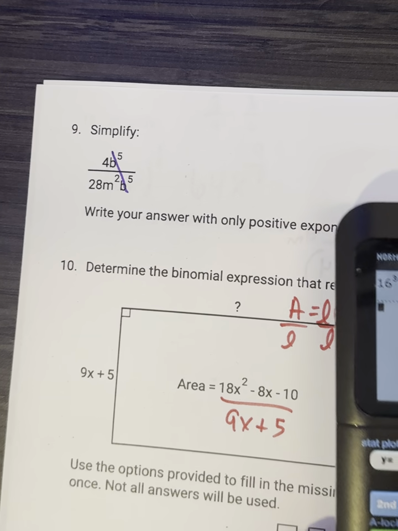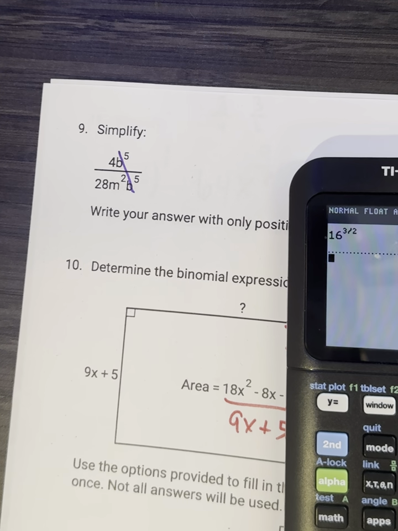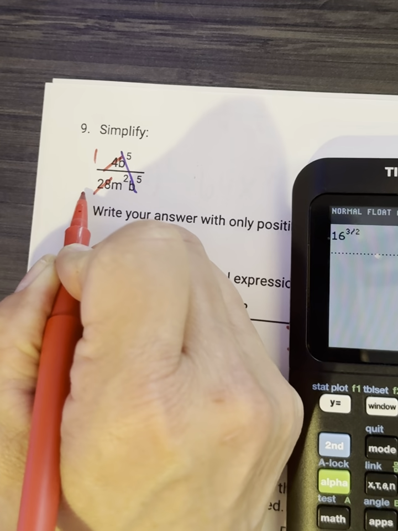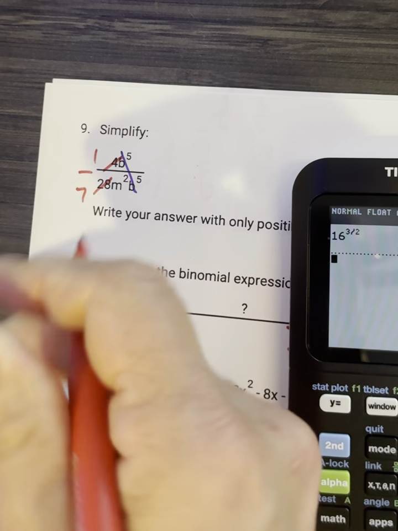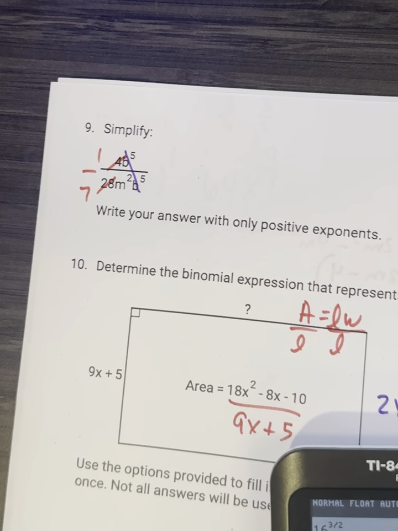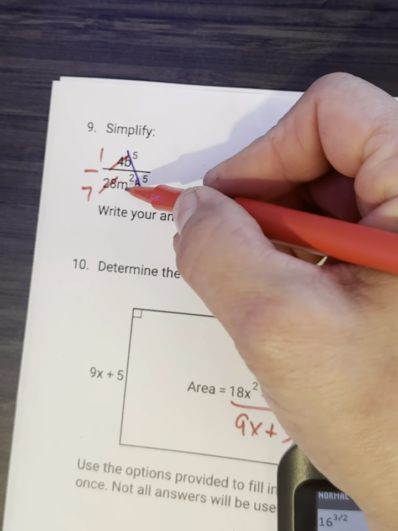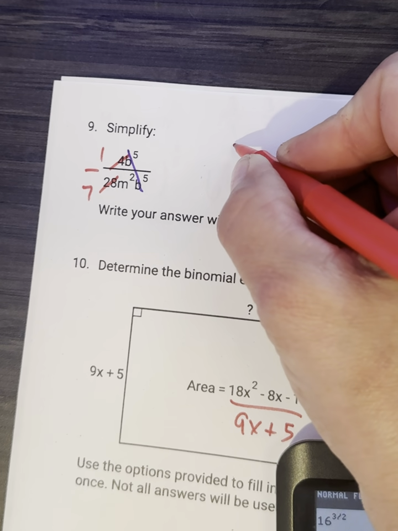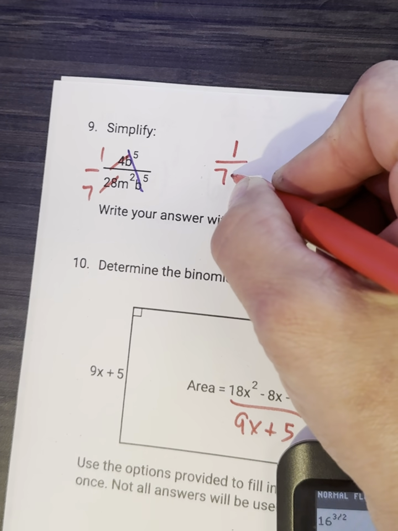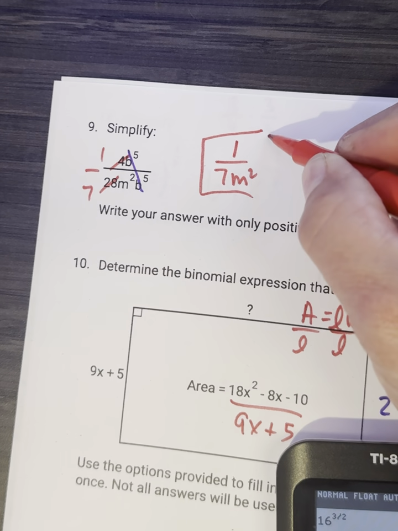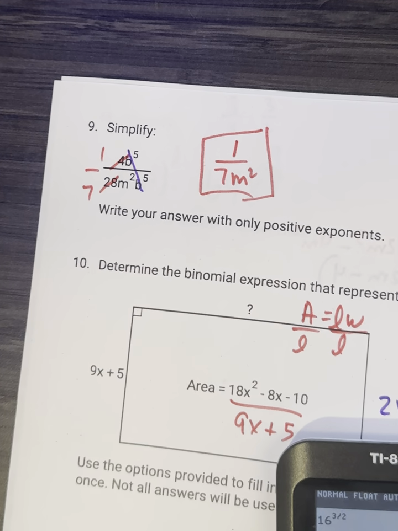Of course, your calculator can reduce for you, but 4 goes into 4 one time and into 28 seven times. Or if you see 2 first, you end up with 2 over 14, which again reduces to 1/7. And m squared has no friends, so 1 over 7m squared. If you end up with nothing on top, you have to include the 1.